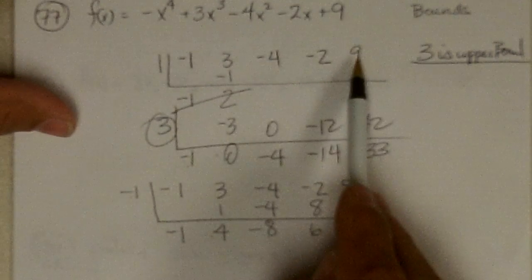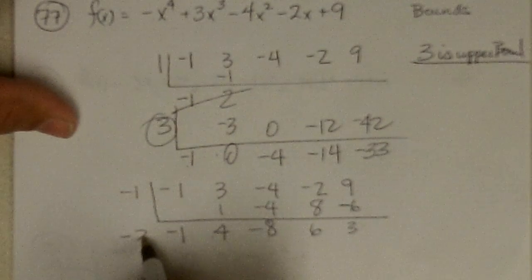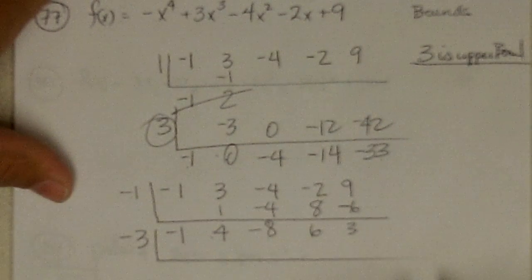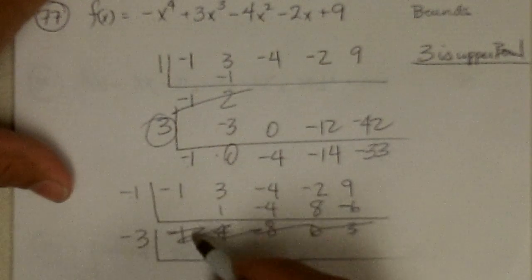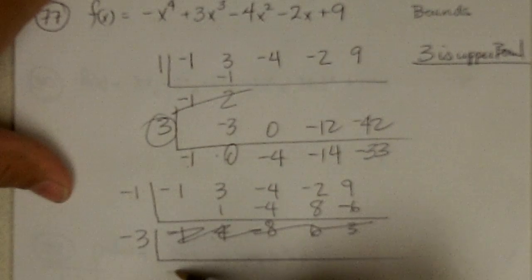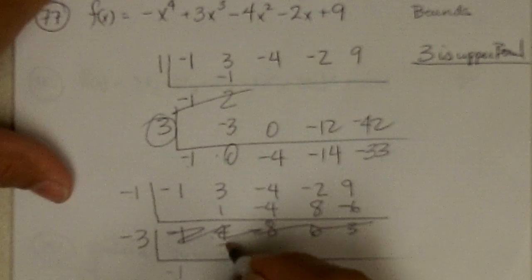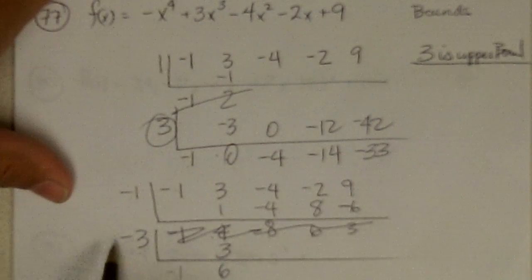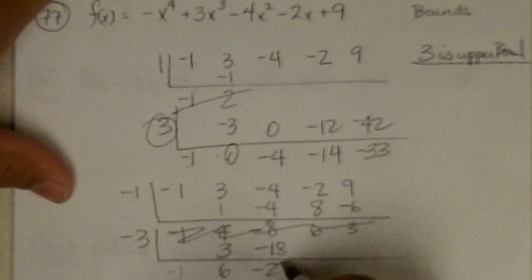So minus 1 is not quite the lower bound. The next number I would try would be, again, a factor of 9 over that, which would be negative 3. So not into this, into the original. Sorry. So I got to think up here. Minus 1 comes down. Minus 3 times minus 1 is 3, so this is 6. Minus 18 and minus 4 is minus 22.